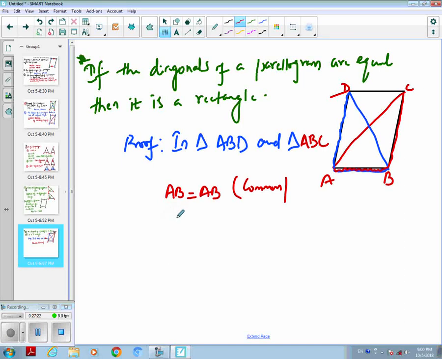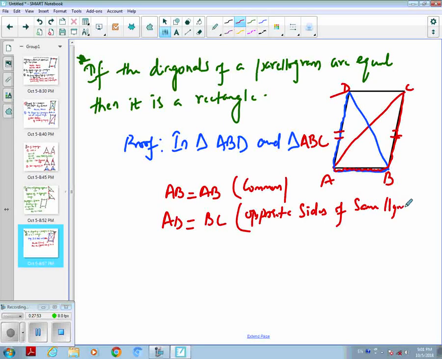Then the second one, side AD is equal to side BC. Why? AD is equal to BC because they are the opposite sides of the same parallelogram. Right? Then the third thing, AC is equal to BD.